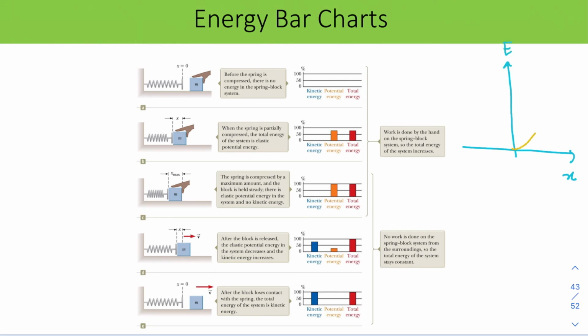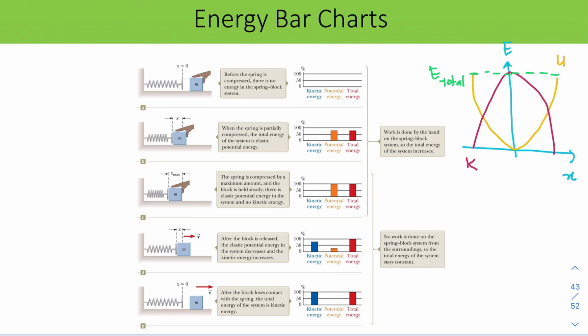For potential energy, this is the shape of it, U. Kinetic energy, this is the shape of kinetic energy, and at all times, this is E total, which consists of both.